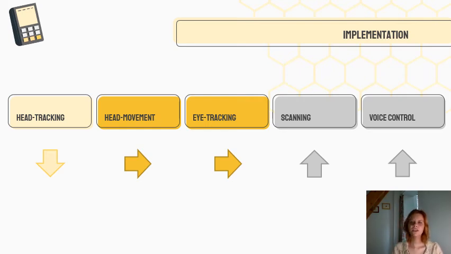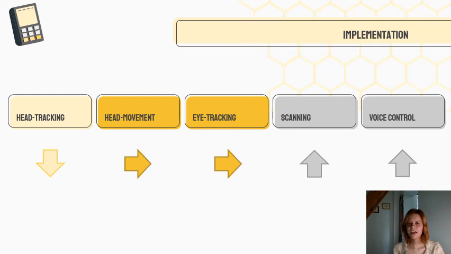For the implementation, all planned methods could be implemented and all features in the game could be used. But the thesis shows how much change and effort is necessary to make an existing game more accessible. And this really depends on the method, which I have tried to clarify with these arrows.